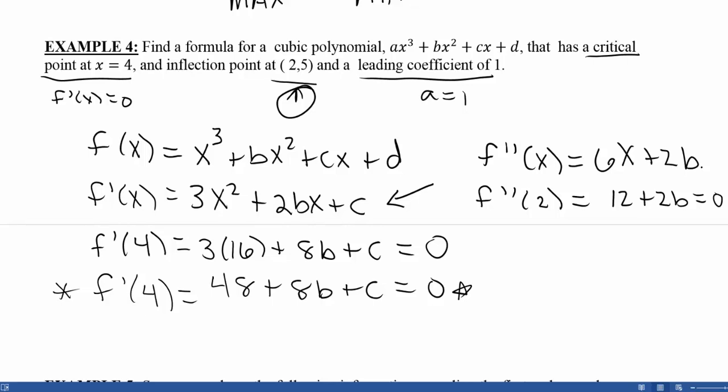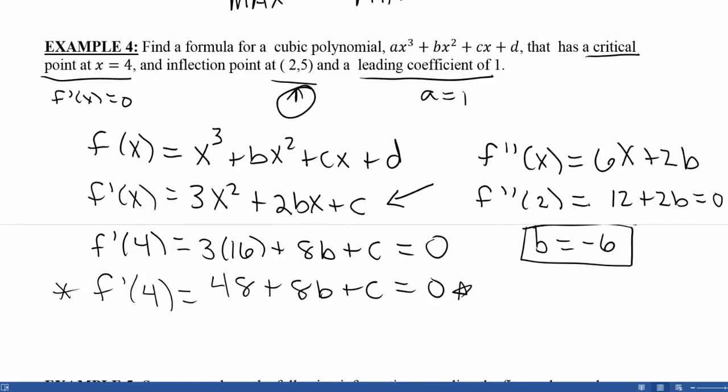So now I can solve for b. If I subtract 2b to the right, and then I divide by the negative 2, I get b equals negative 6. So that's great. Now I have my second number here. The first one was a equals 1, but now I know that b equals negative 6. Well, let's go back to my first derivative function.